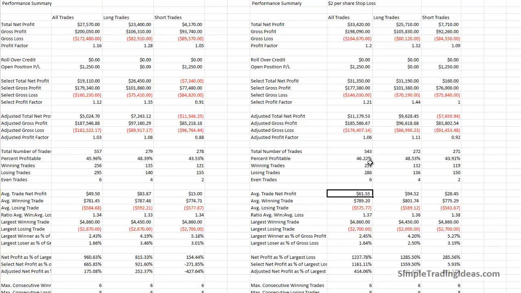And again, from the standpoint of the number of trades, when you do factor in the transaction cost, quite obviously, the trading system with the greater number of trades is going to have the greatest transaction cost. So 557 is greater than 543, so it's going to cost more. So that makes perfect sense.